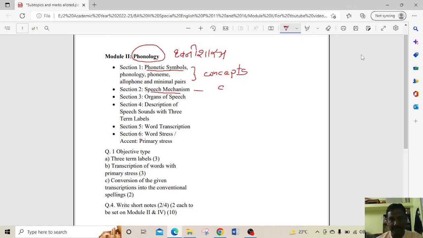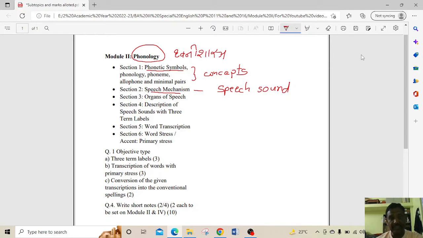That is why it is called speech sound. Not all sounds that we produce by our mouth are speech sounds. The number of speech sounds is limited and definite in a particular language.